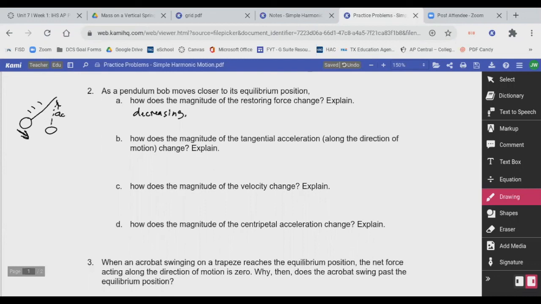It decreases. It absolutely decreases. So again, I'm going to put decrease, because we know that when we get to equilibrium, tangential acceleration goes to 0. Now there's still a centripetal acceleration because we are in a circular path, but that centripetal acceleration is different than the tangential acceleration.